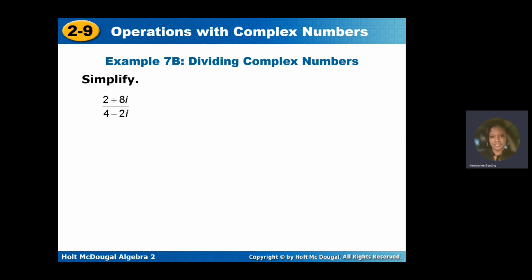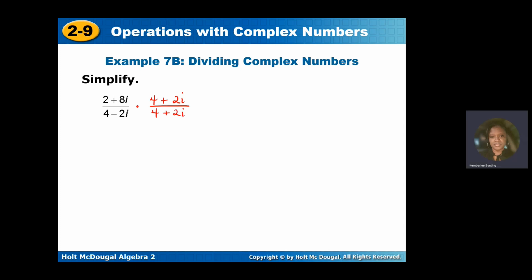That's the original. So if I started off with subtraction, what do I change it to? Yes. So what is my complex conjugate? Very good. So I'm going to multiply by 4 plus 2i over 4 plus 2i.